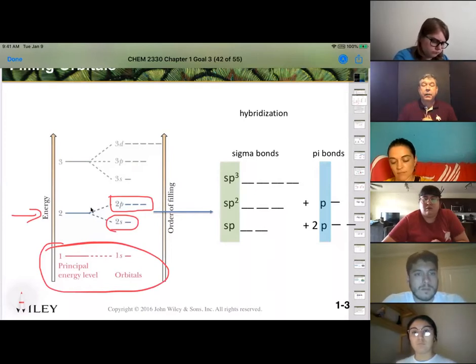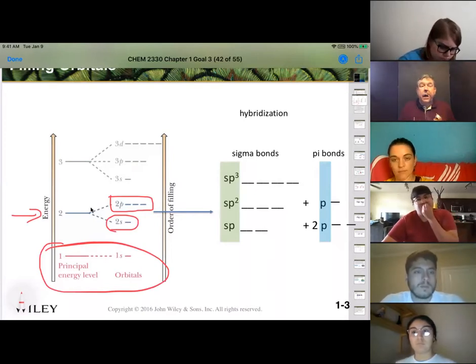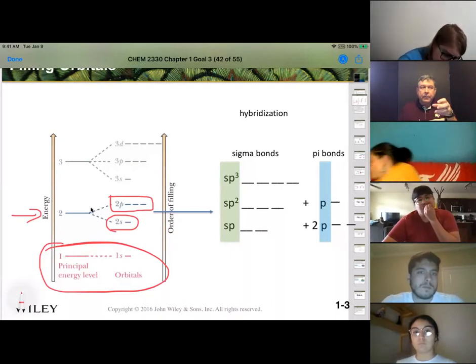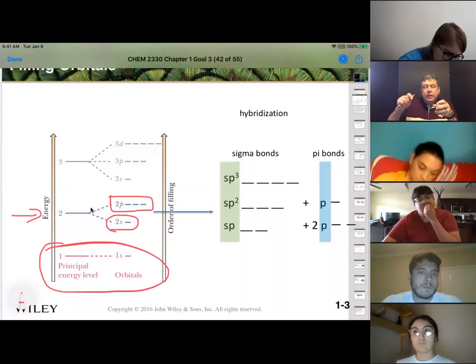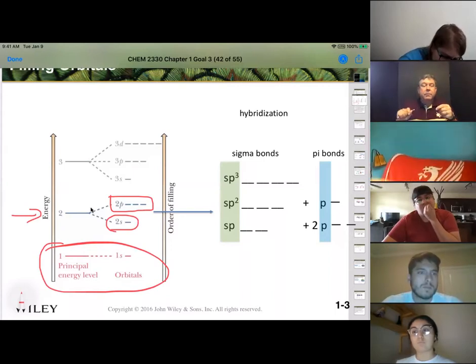So if we were to bond molecules, you would have one of them bonding to the 1s, and then you would have different things in the p's.